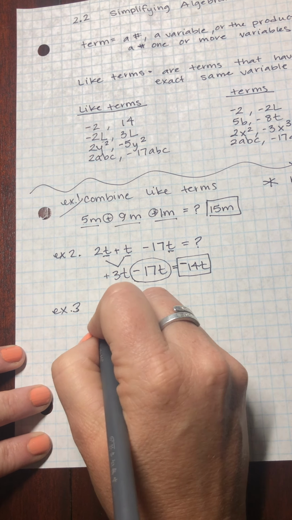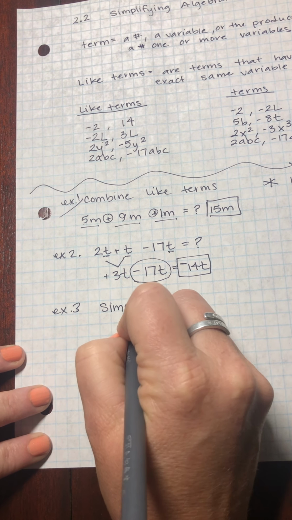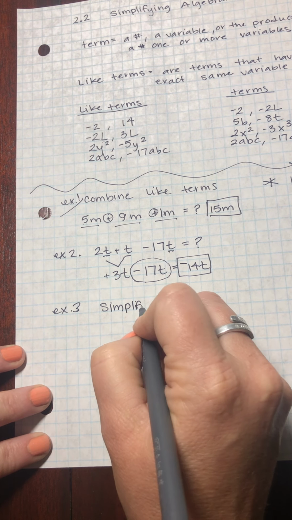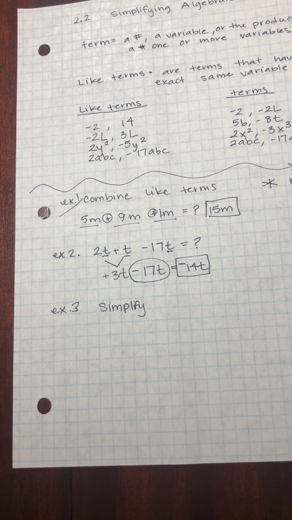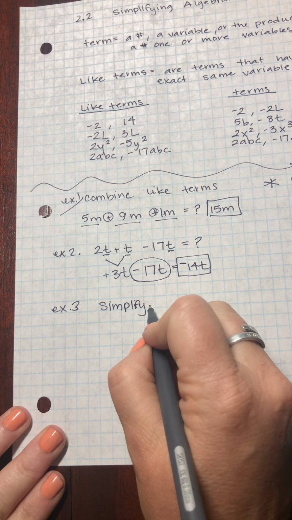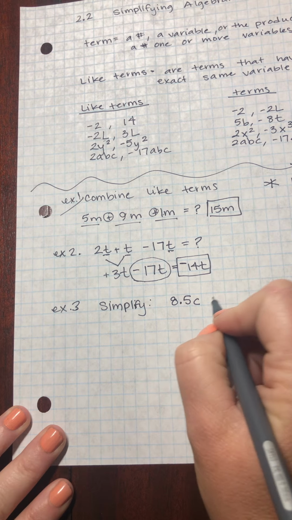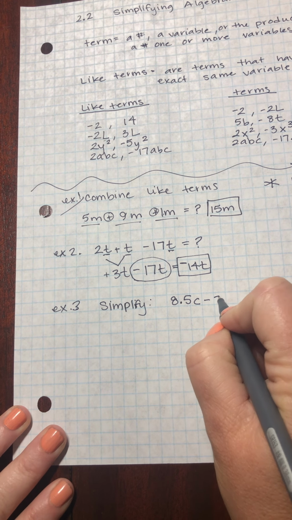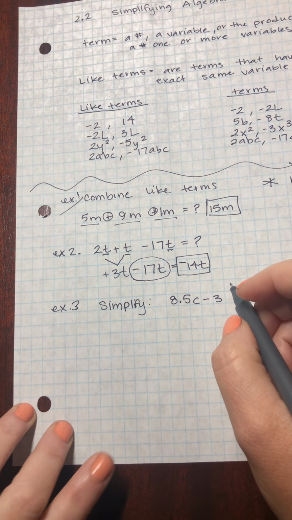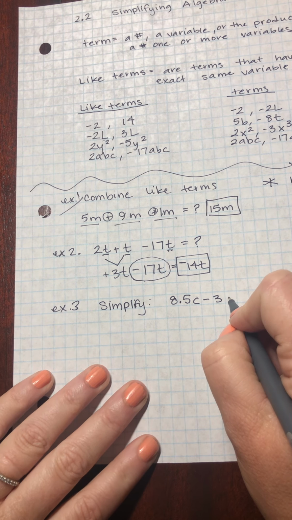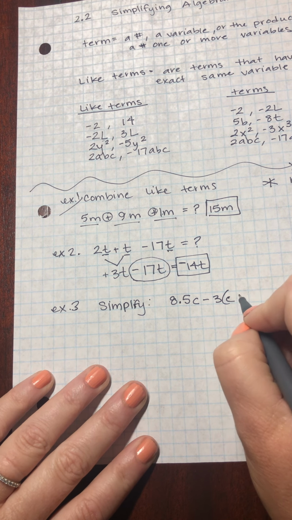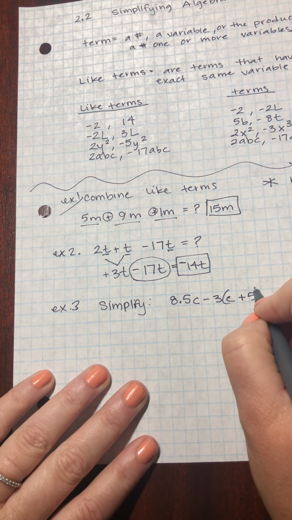Okay, let's do one where we simplify. Let's say you have 8.5c minus 3 parentheses, c plus 5.